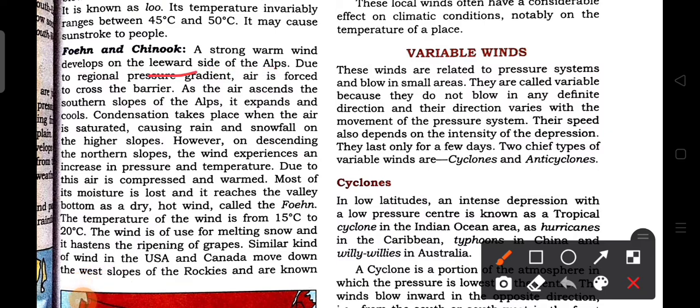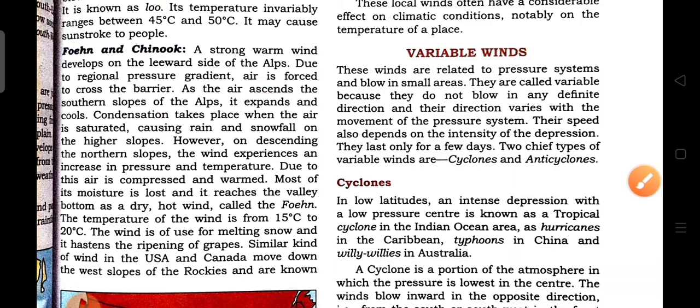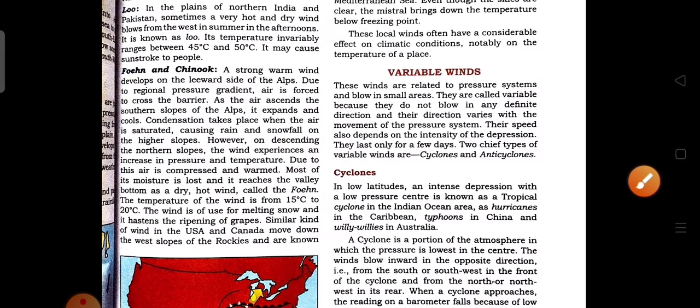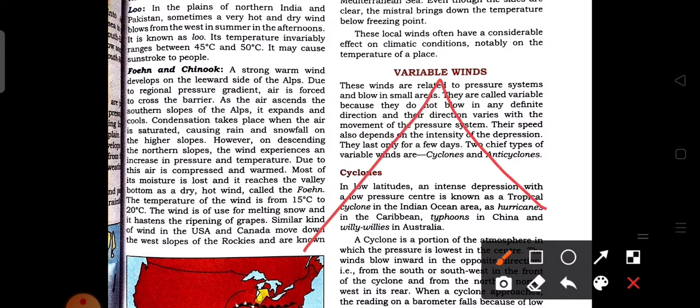So here the leeward side means the direction away from where the wind blows from. Here the Alps experience a strong warm wind on the leeward side. Due to the regional pressure gradient, the air is forced to cross the barrier, and the wind ascends the southern slope of the Alps.